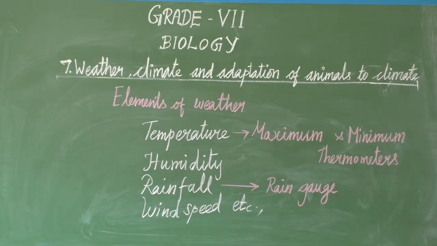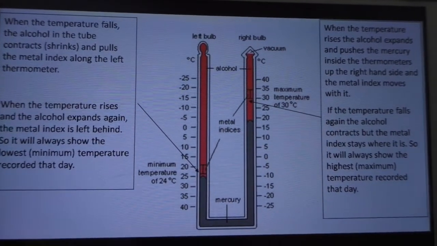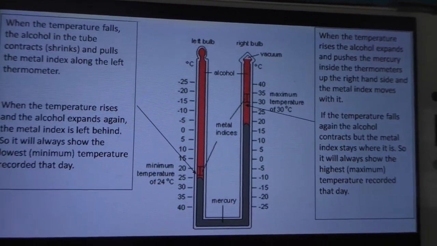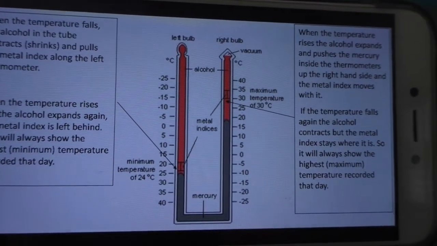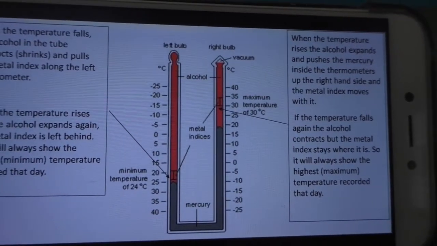I will show you the pictures of the maximum and minimum thermometer. Look here, children. This is a maximum and minimum thermometer. The red color is alcohol, and the ash color is mercury.